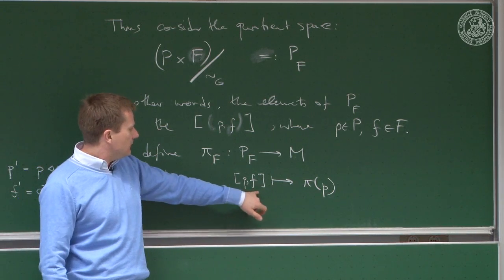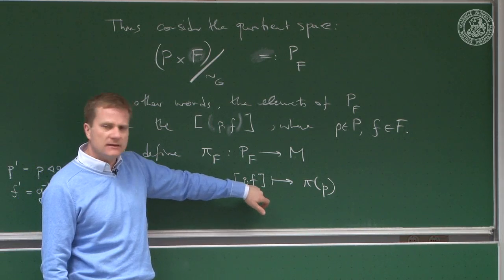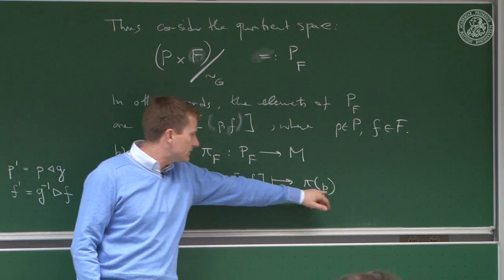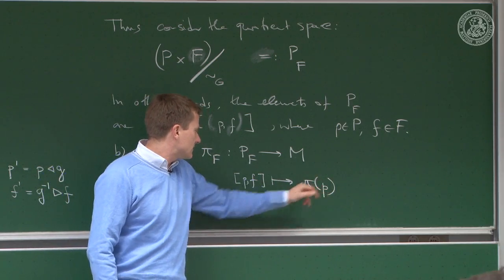Now you see here we take an equivalence class with a P and an F in there. Over here we just take one of the representatives. Well, not the entire representative because you need the F too, but part of it.